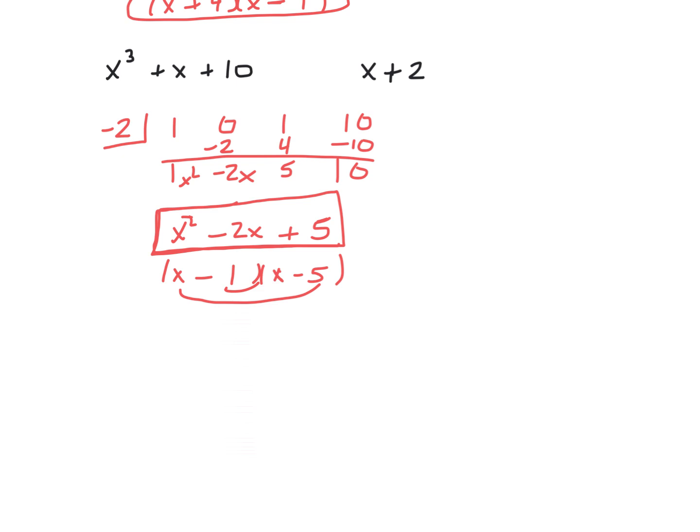Now, another example is if you have more than a third degree equation. For example, if I have a fourth degree equation of x to the fourth plus x to the third minus 11x squared minus 9x plus 18.